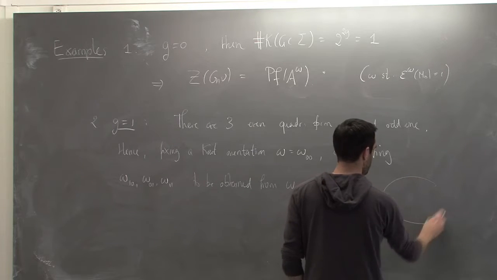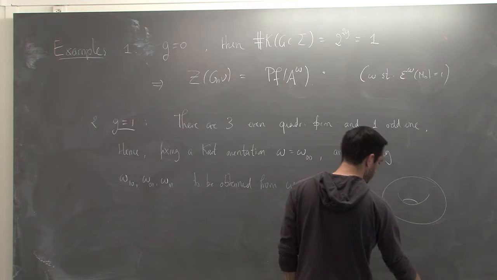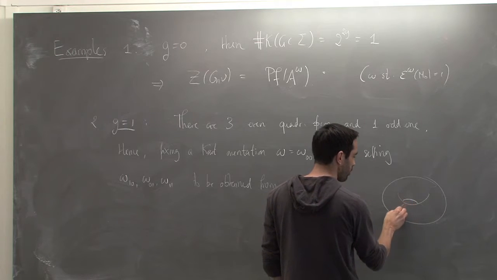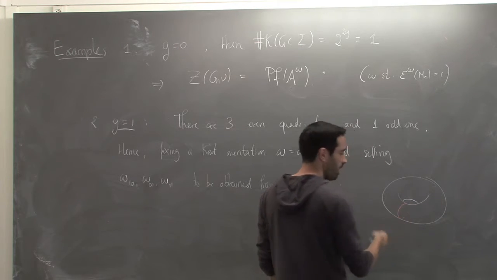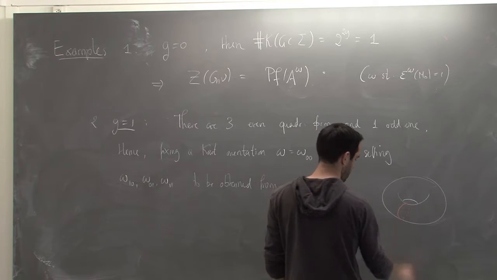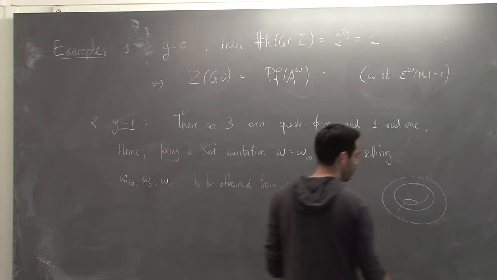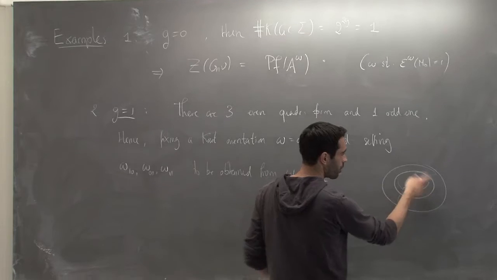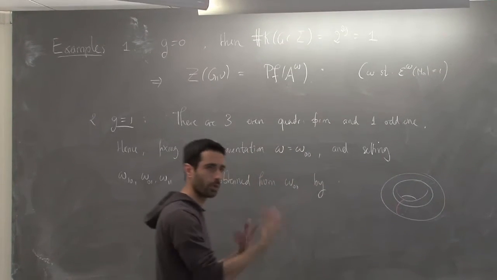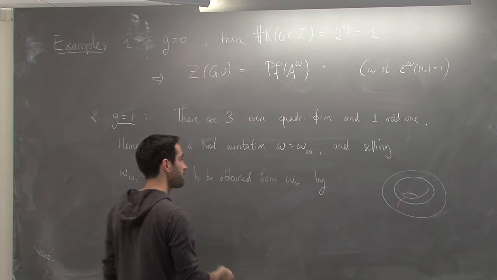So you take your torus, you have your fixed Kasteleyn orientation omega 0,0, and then if you want omega 1,0, you just change the orientation whenever you cross this thing here. If you want omega 0,1, you change the orientation whenever you cross this thing, and if you want omega 1,1, you change each time you encounter one of these.